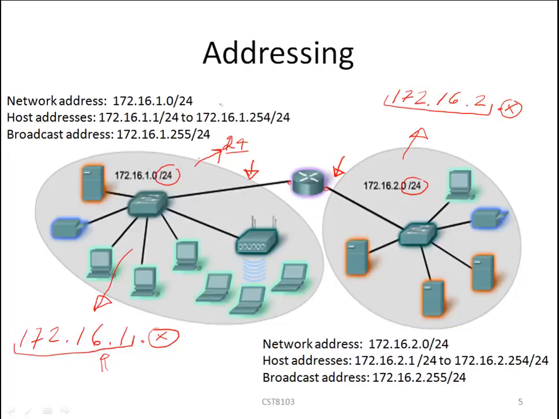Alright, so let us look at the three components. So we have the network address, which is 172.16.1.0, and then for the same network, the host addresses. The first valid host address is 172.16.1.1, and the last one is 172.16.1.254.